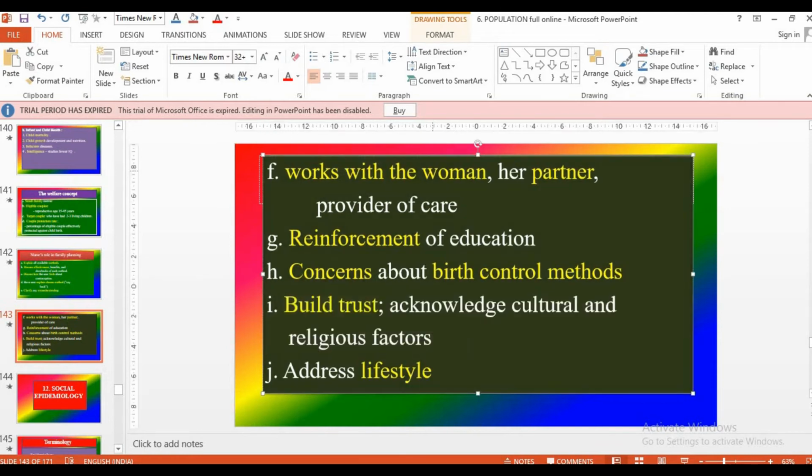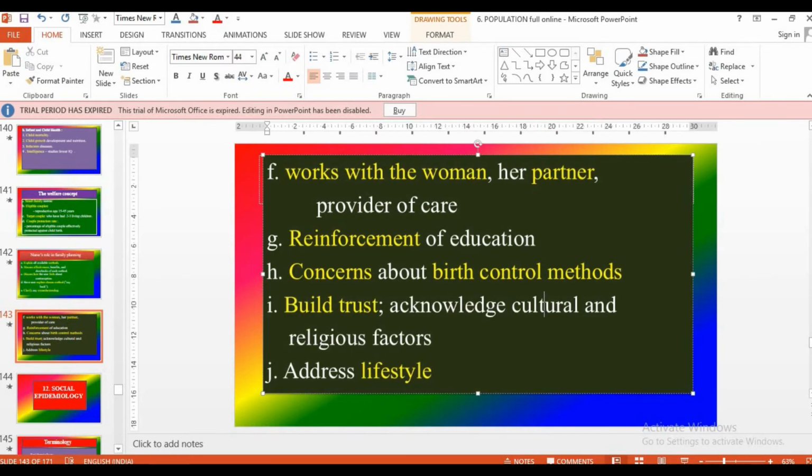The reason is that there are many cultural factors, culture and religious belief. Some religions and cultures do not accept family planning services. So we need to consider those factors, and family-oriented, religious-oriented education and services should be provided.